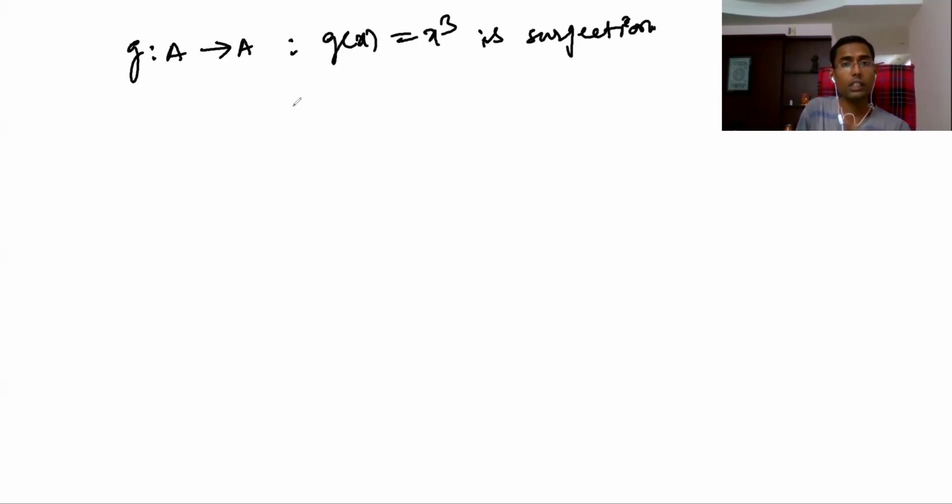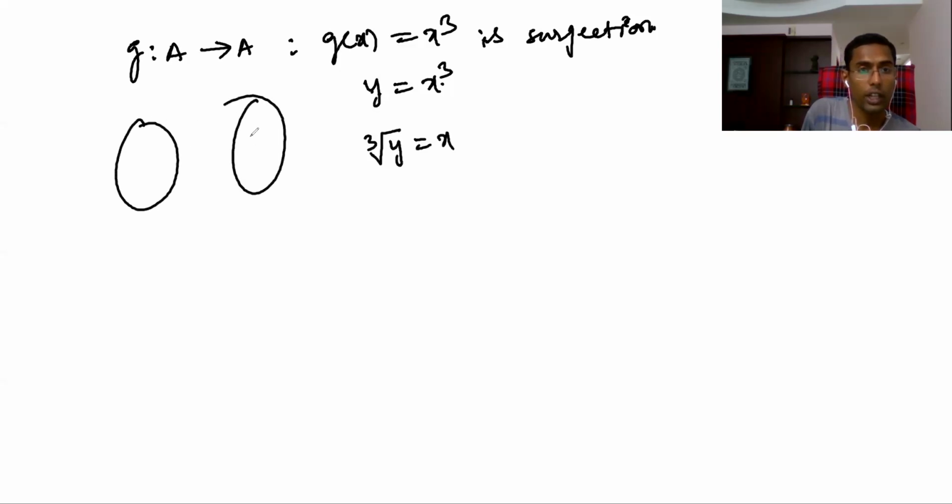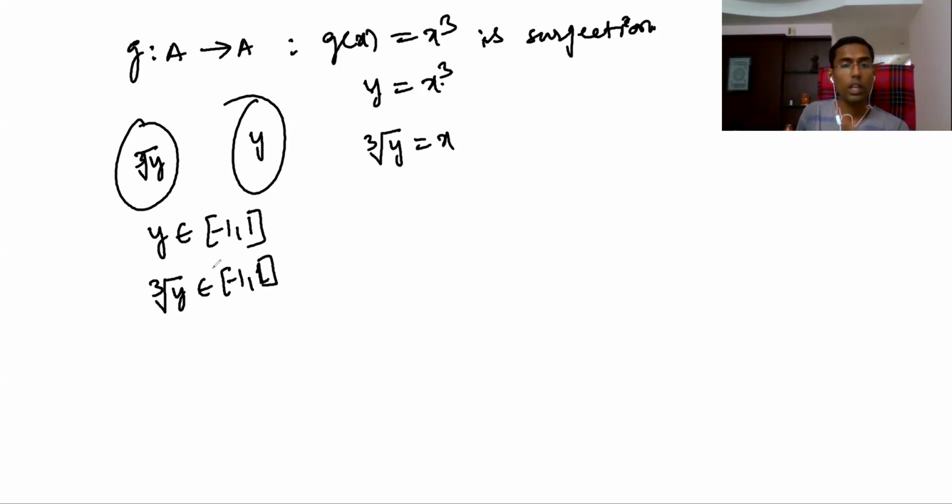Reason: here every element, let's say the image of x is y. That means x cube is y. Then cube root of y equals x. So the pre-image of y is cube root of y. If y belongs to A, that is minus 1 to 1, then cube root of y also lies in minus 1 to 1 only. So therefore every element has a pre-image.